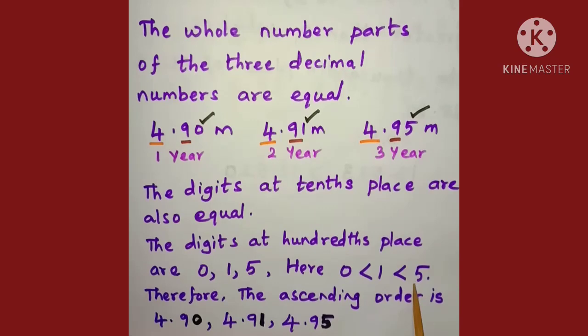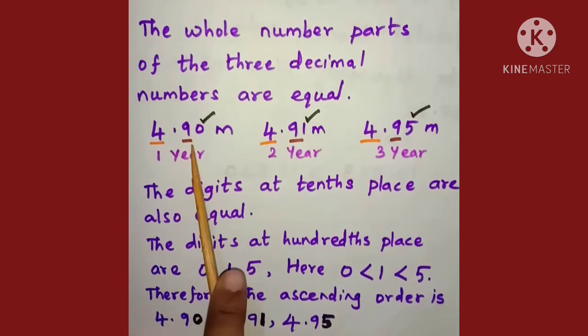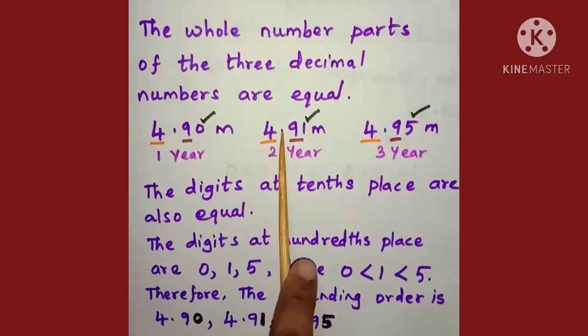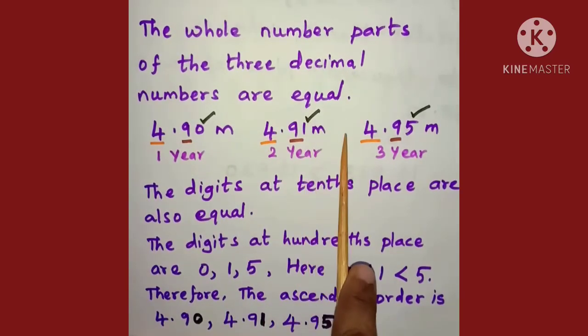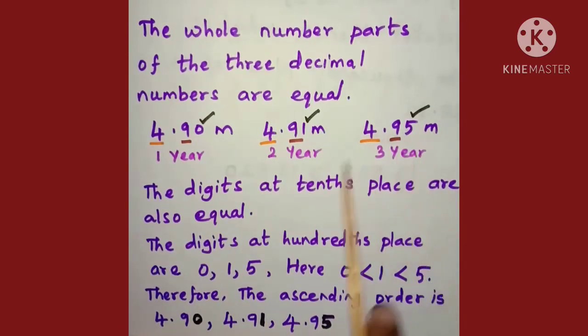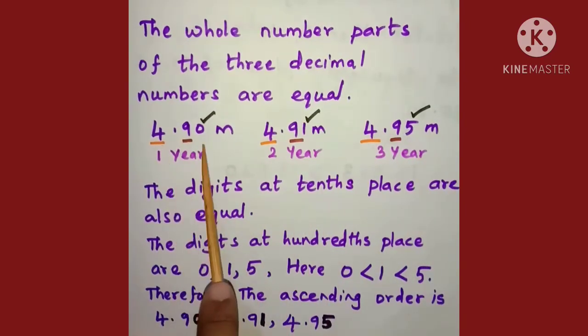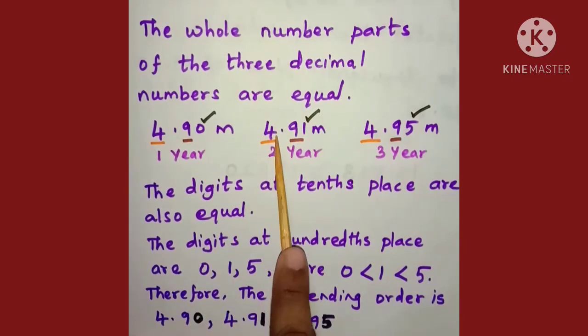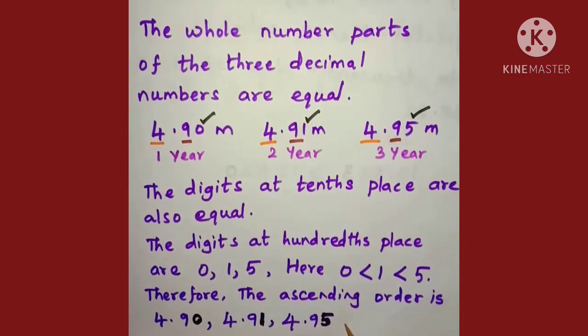So from this we can say that the decimal number that has the larger 100th digit is greater. So we can say that 4.90 is less than 4.91 and this number is less than 4.95, which means that the ascending order is 4.90, 4.91, 4.95.